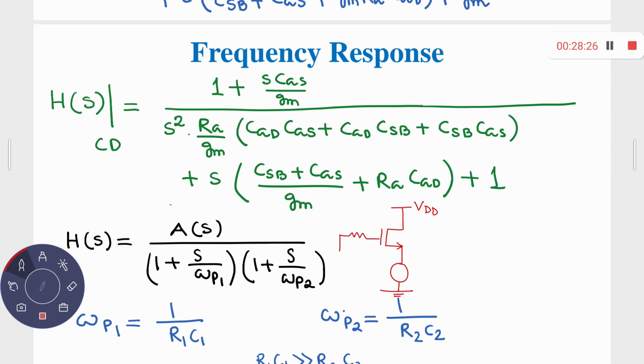You have a resistance now, RG. You have one resistance on the input side. This one is V, some current source related by I1, and V out.